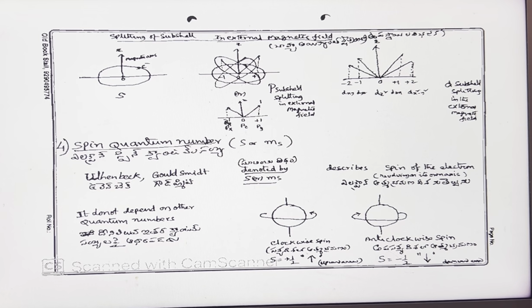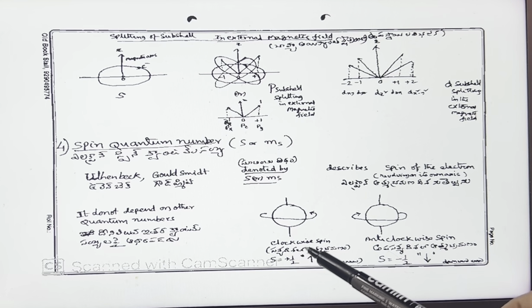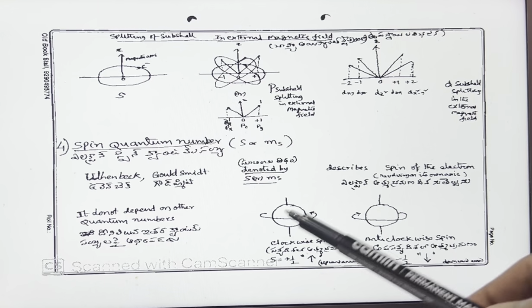There may be two types of spin: clockwise direction spin, or the electron may have anti-clockwise spin. If you consider this is the electron and clockwise spin is there, the S value is plus half, and it is denoted by an upward arrow. That means the spin quantum number, or ms value, is plus half.